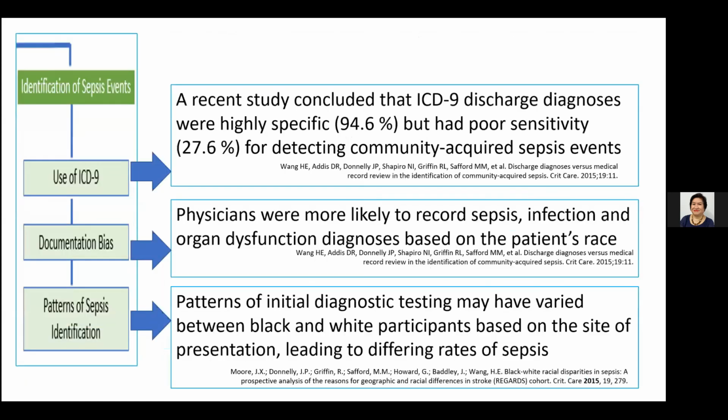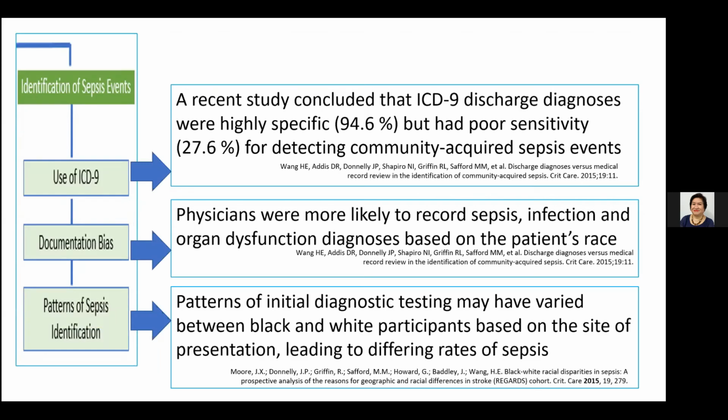In terms of methods of identification of sepsis events, previous studies have applied the ICD-9 taxonomies of Martin and Angus in order to identify sepsis and severe sepsis hospitalization. A recent study concluded that ICD-9 discharge diagnoses have a high specificity of 94.6% but poor sensitivity of 27.6% for detecting community-acquired sepsis events.